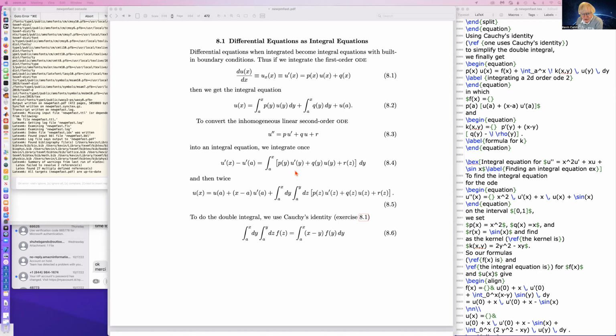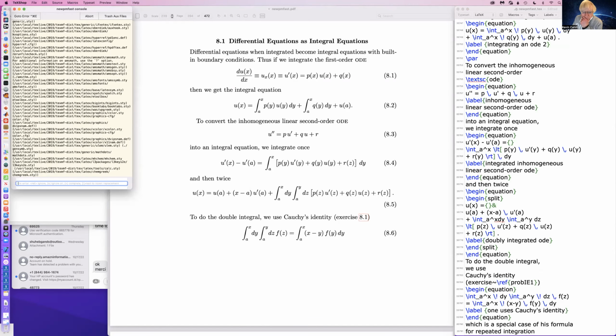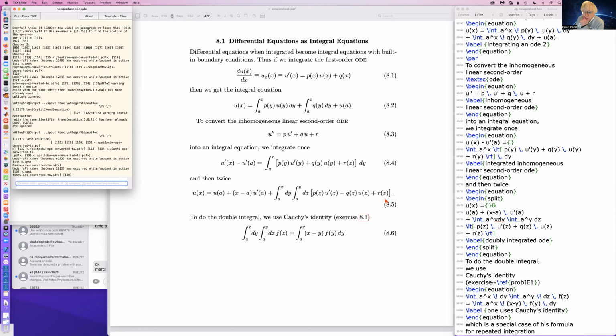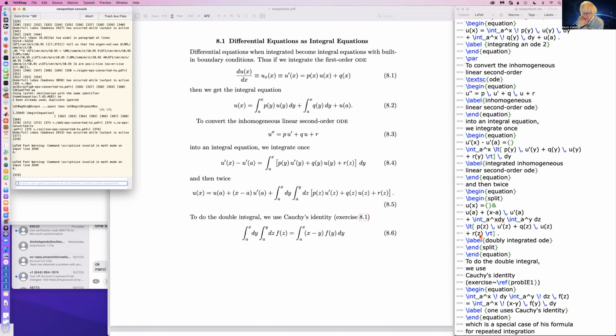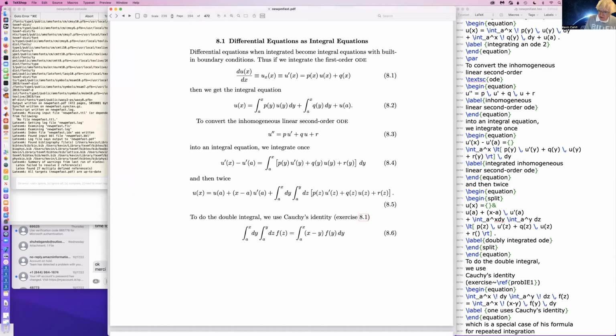But then we convert it to an integral equation, and we have now p of y and r of z. Oh, that should not be r of z. That's a mistake. That should be r of y. Oh boy, it occurs again. Sorry about that. Let me just fix it on the fly.